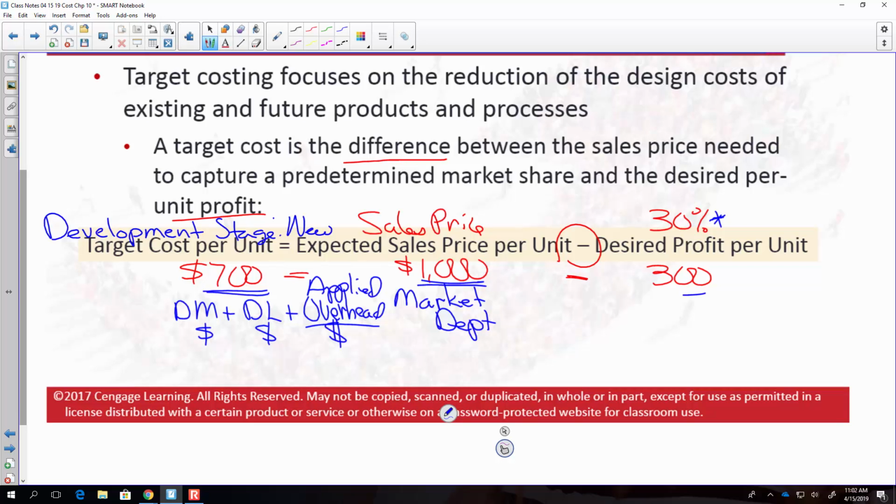If we can't make it for $700, we don't do the project. If we can get below $700, great, we'll do the project. And that's what target costing does for us. It gives us a direction as to whether we will proceed or not. So that is also talked about on page 541 in the design section of it.